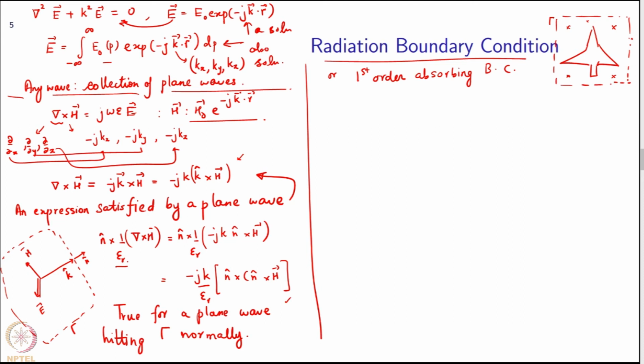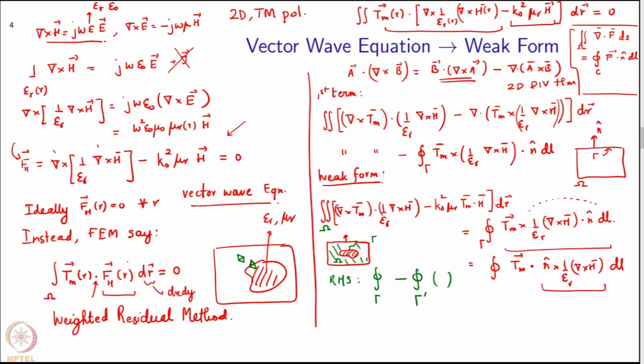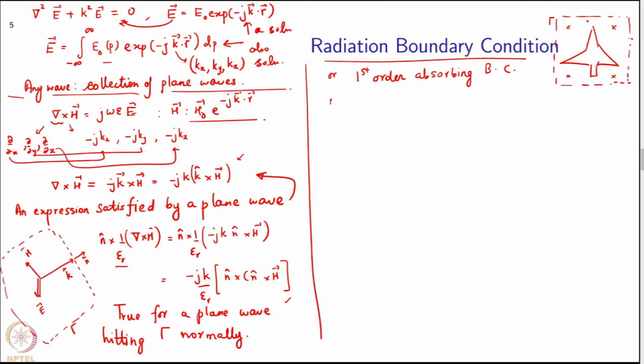So the big leap of faith is going to be that everywhere in my right hand side, this expression over here, in the weak form, RHS is going to be replaced. What did I have earlier? I had Tm dot n hat 1 by epsilon r curl of h dl.